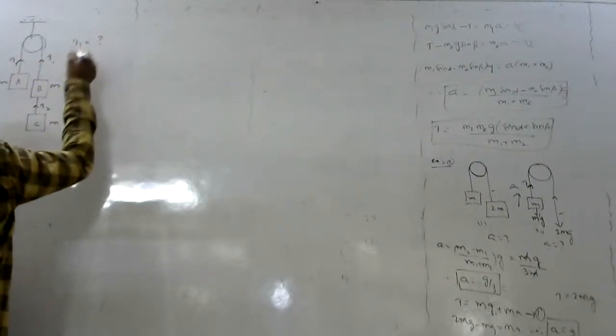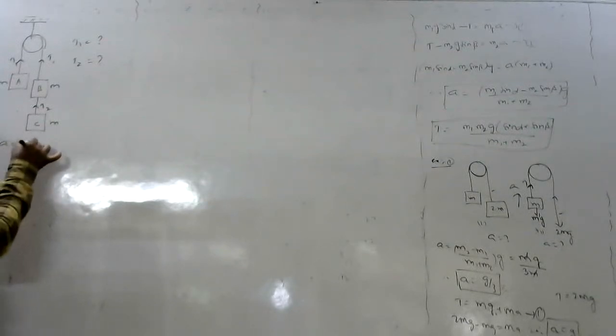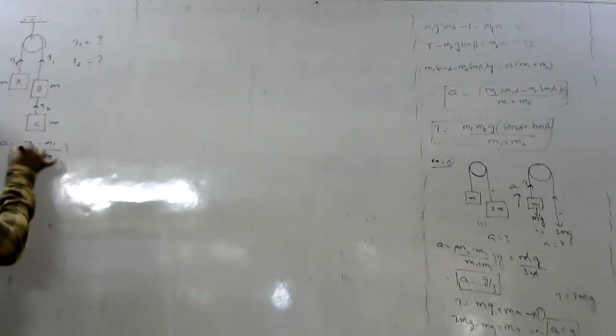From this one, T1 is equal to how much? T2 is equal to how much? This is also like Atwood's machine. Atwood's machine means acceleration a equal to (m2 minus m1) by (m1 plus m2) into g.